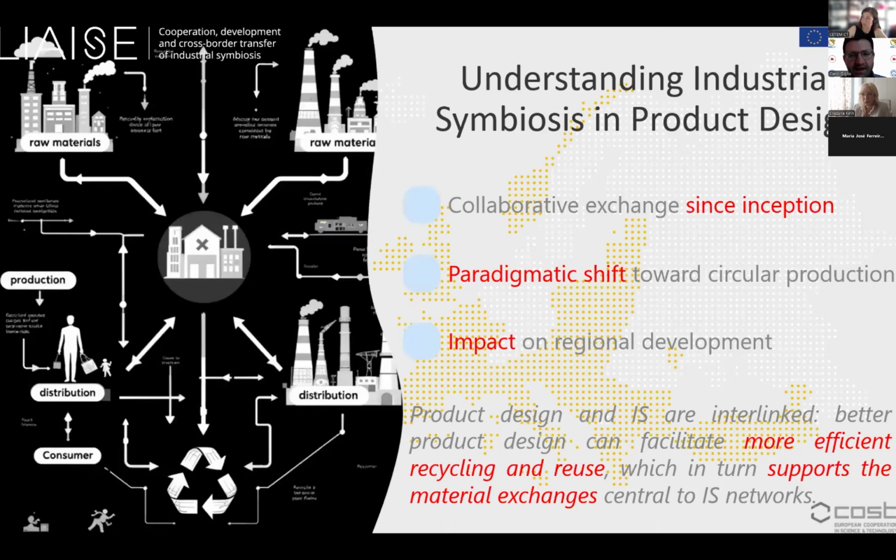What I discovered is that there is increasing productivity in the research field related to industrial symbiosis in product design, but also a lack of collaboration, with a plot on the right side demonstrating that a maximum of two authors usually collaborate in research works related to this specific field.